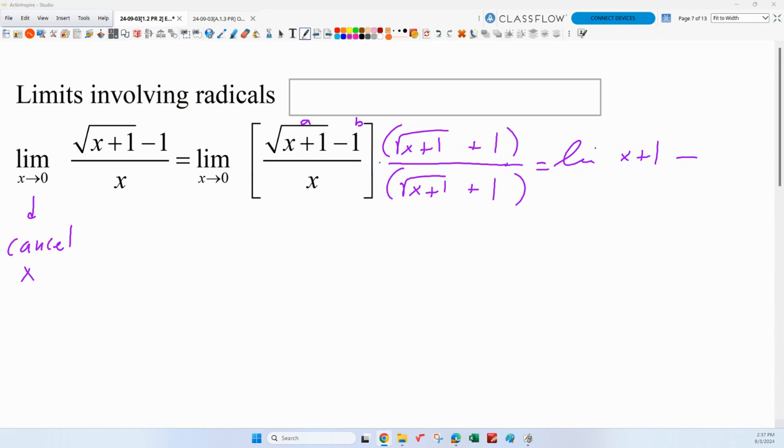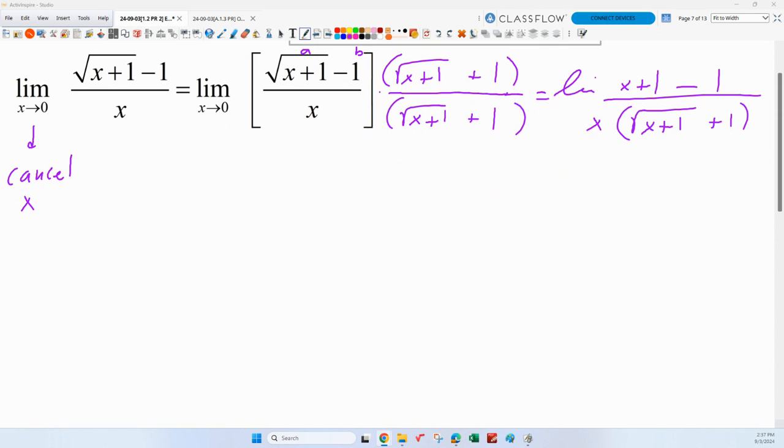So I'm getting the limit of x plus 1 minus 1 on the top. On the bottom, I've got x times that big ugly conjugate. So you might be thinking, okay, well, great. What's the top simplify to? X.